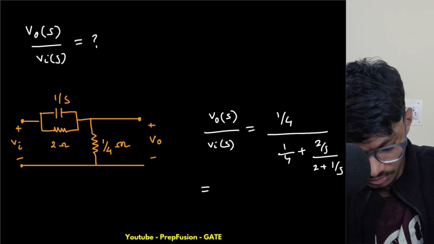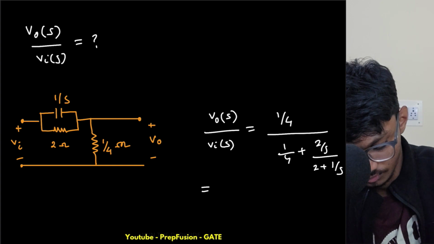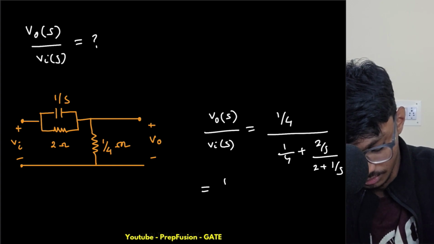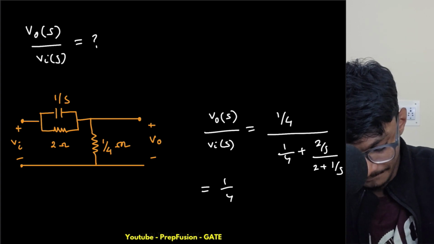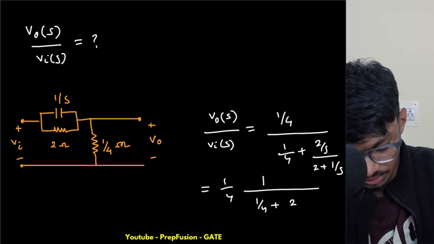which equals, if I multiply, 1 by 4 in the front, and this will be 1 by 4 plus, if I multiply S, 2 divided by 2S plus 1.